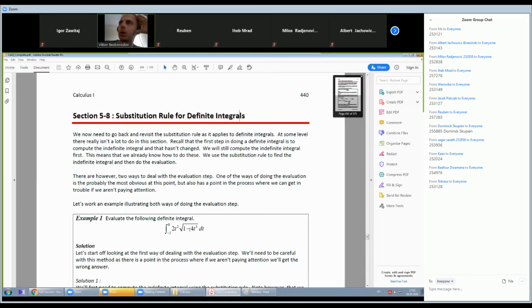So here we discuss the substitution rule for definite integrals. Let me say right off the bat that, strictly speaking, you don't need any of that for computation, because you can just compute the indefinite integral properly and then plug in, right?